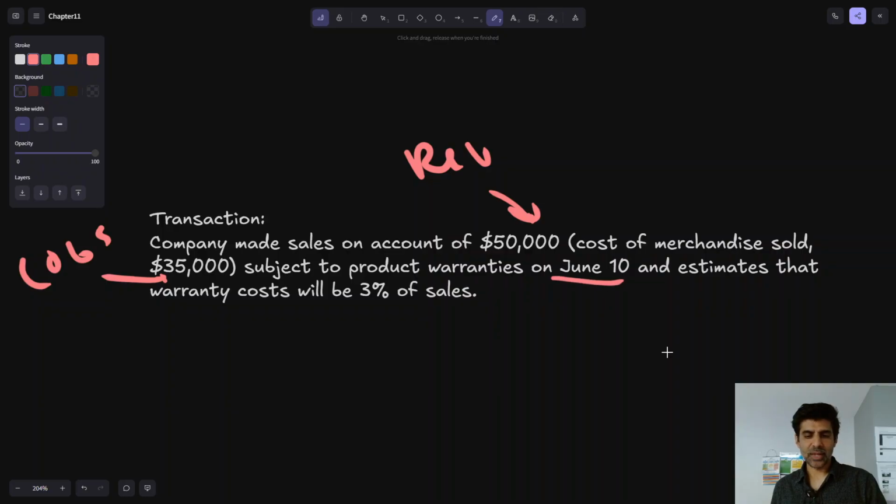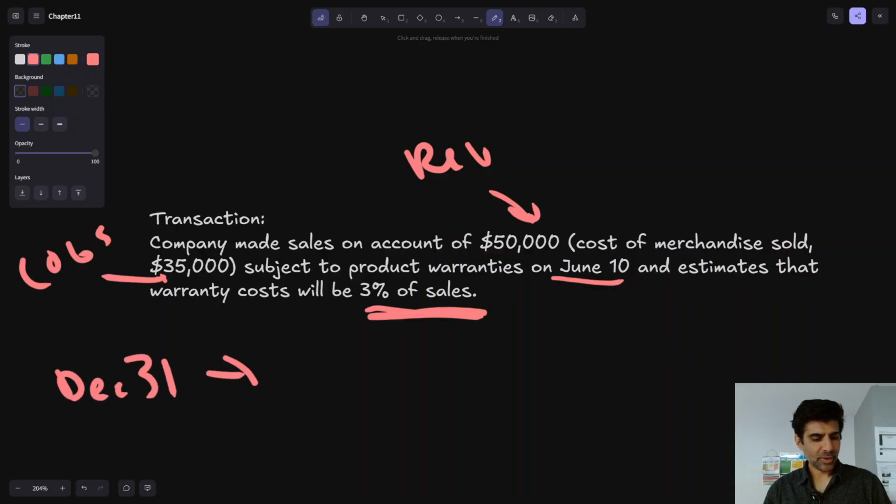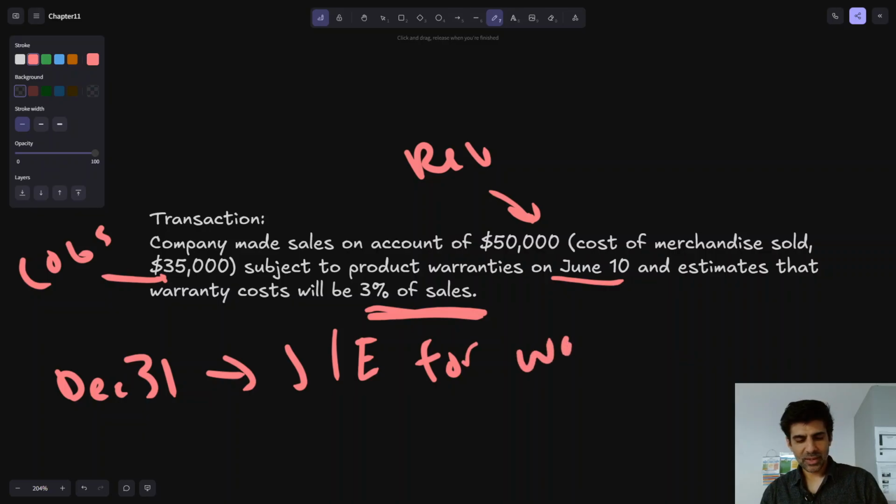Okay, so this is on June 10th, and you estimate that the warranty will be 3% of sales. So basically, what is the adjusting entry? Let's say December 31st. What's the journal entry for warranty? And I'll give you a hint, warranty expense.